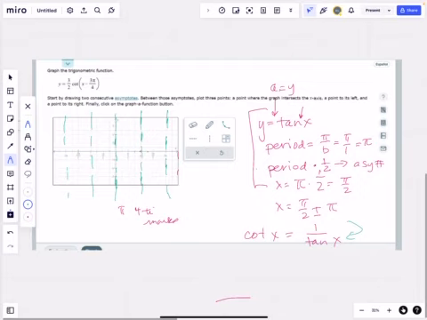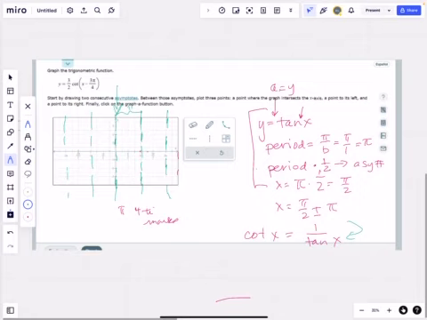Notice, before with y equals the tangent of x, our asymptotes were on the left and the right of the y-axis. Now it's smack dab on the y-axis, and the length between them is still the same, pi units. That's one of the big differences.